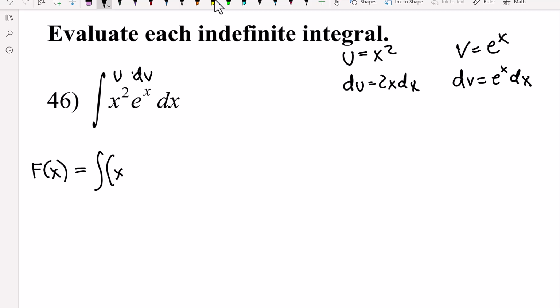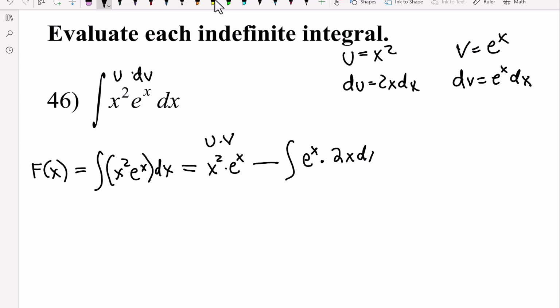So write down the original. And now it's u times v, subtract the integral of v times du, which is 2x dx. Now this 2, we can go ahead and bring out front because it's a constant.